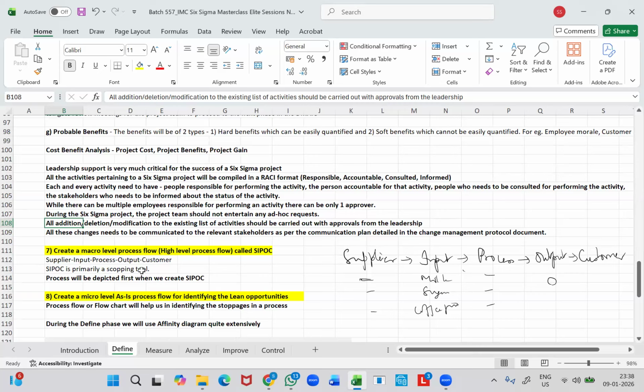And finally, as part of the define phase, we will construct a micro level as-is process flow for identifying the lean opportunities existing in the process. And as we all know, process flow or flow chart is the tool which would help me to identify the stoppages in the process. And the as-is process flow is nothing but the depiction of the process as it is being executed in the shop floor.